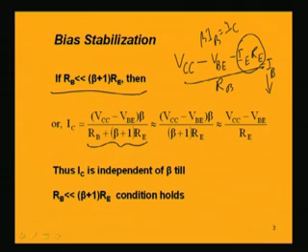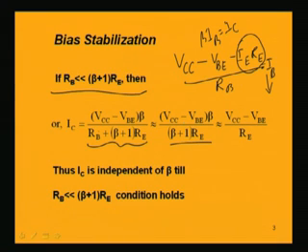If RB is very small compared to this term, we can approximately write the whole denominator as beta plus 1 RE, because in comparison with RB this factor is quite large if the design is done like that. And beta and beta plus 1 are almost equal, because beta is a high value.